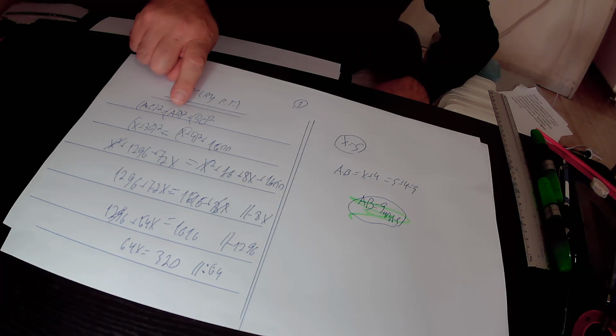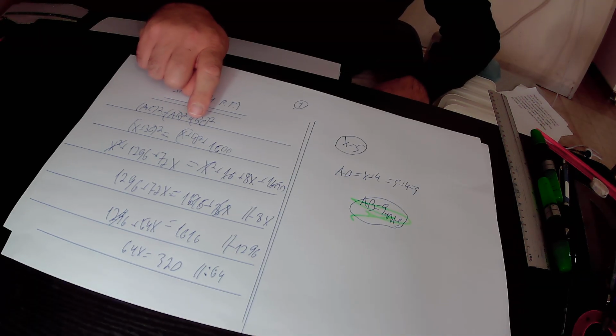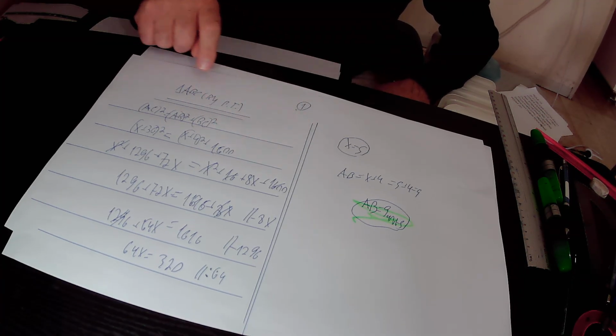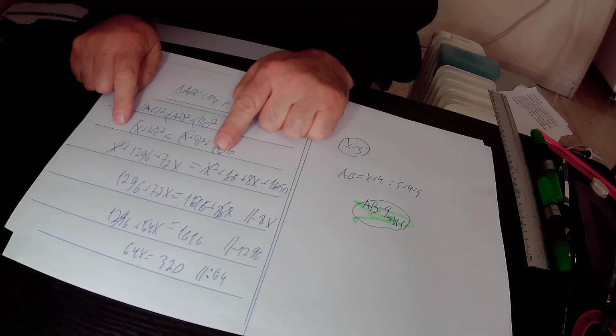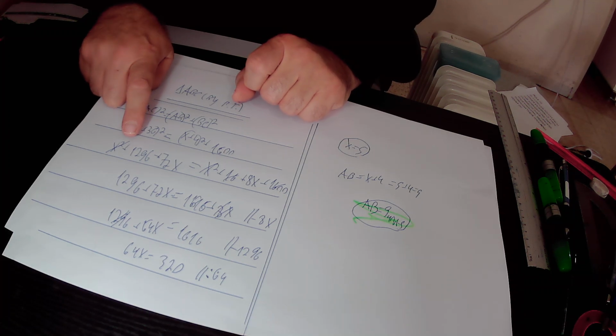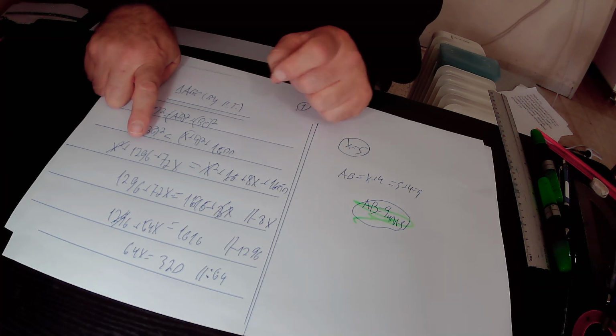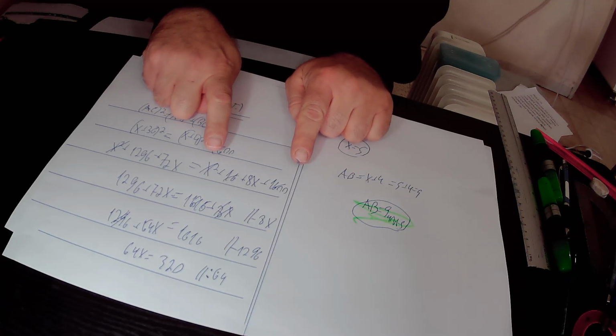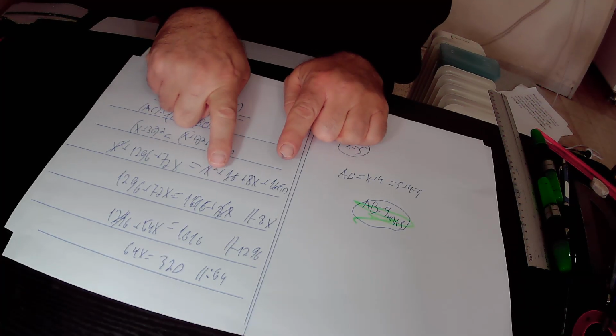On the other side of the equation, (X plus 4) square equals X square plus 4 square, that is 16, plus 2 times X times 4, that is 8X, plus 1600. Here we have X square on both sides of the equation, so X square gets cancelled. After we cancel X square, we are left with 1296 plus 72X, and on the other side of the equation, we are left with 16 plus 1600, that is 1616, plus 8X.